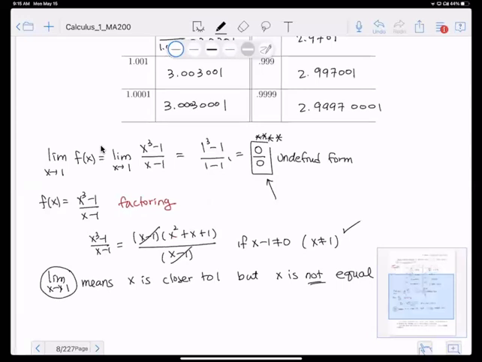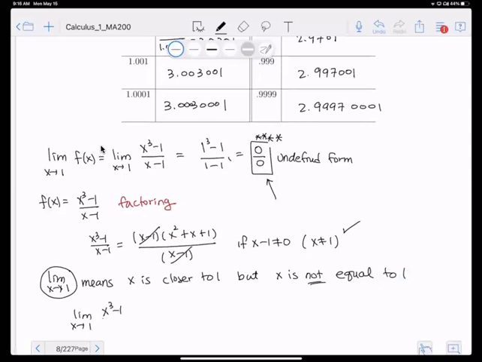So we have the limit as x approaches 1 of x cubed minus 1 over x minus 1. That can be written as the limit as x approaches 1 of x squared plus x plus 1. We substitute, our usual routine. This is a quadratic, so that's 3. This is exactly what we planned to find from the table.